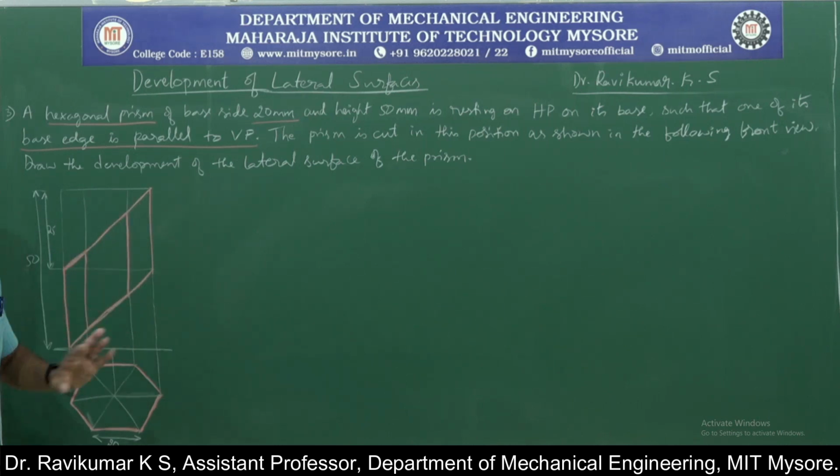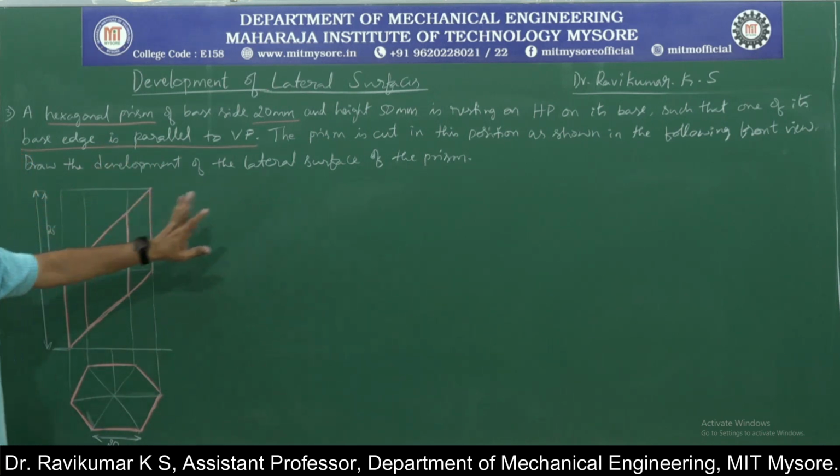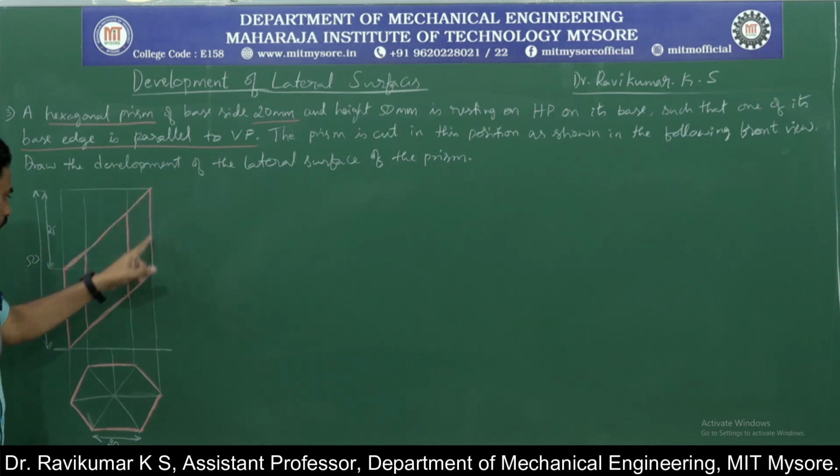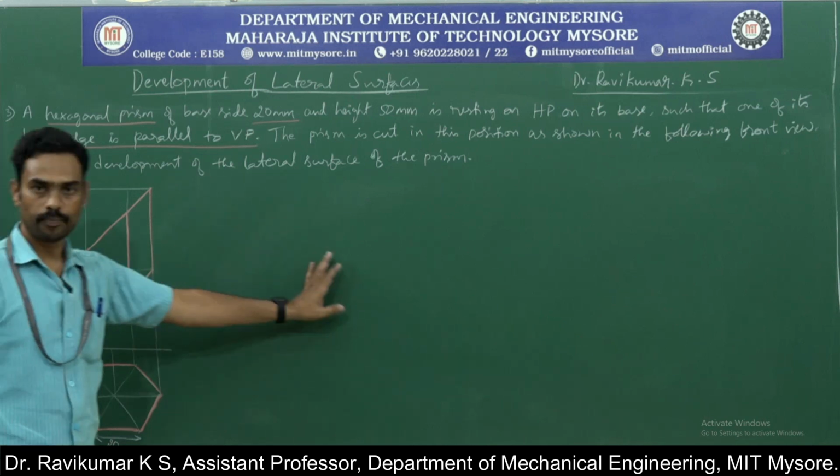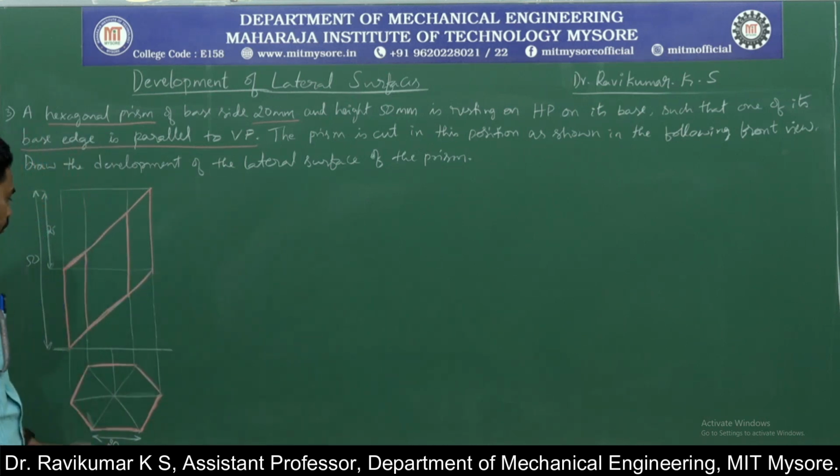Okay, it is already given with the problem. We need to draw the development of the lateral surface of this particular portion. The front view given, this particular front view's development we need to draw now.